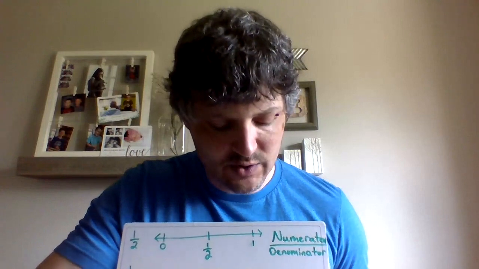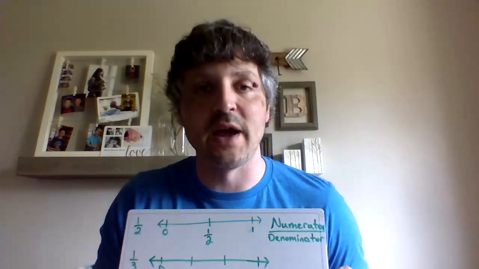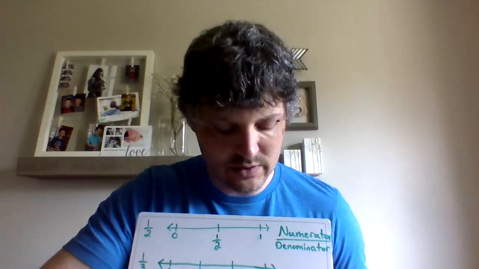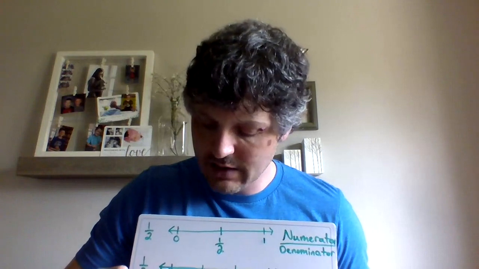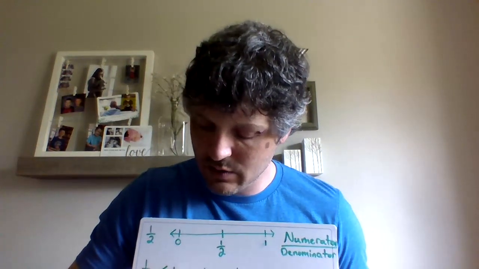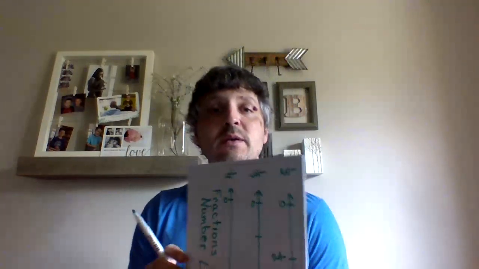Remember, the arrows on the ends just mean that the number line continues on forever in each direction, but we're only looking at this chunk between 0 and 1. To find 1/3, I go 1 out of 3, so that would be the line I write 1/3 on.